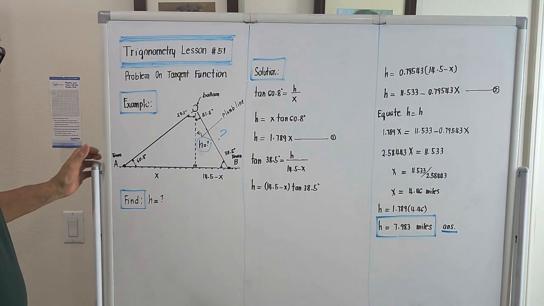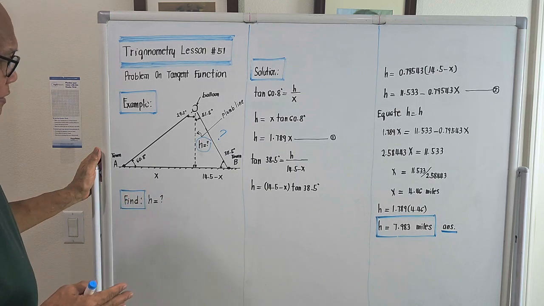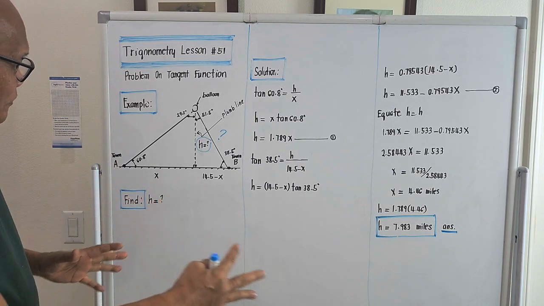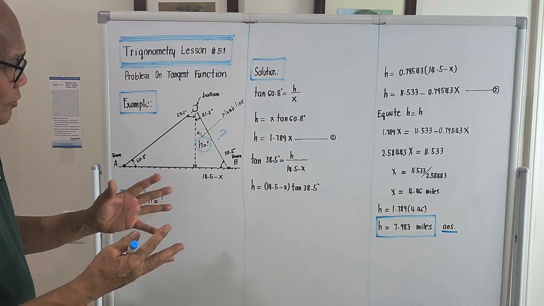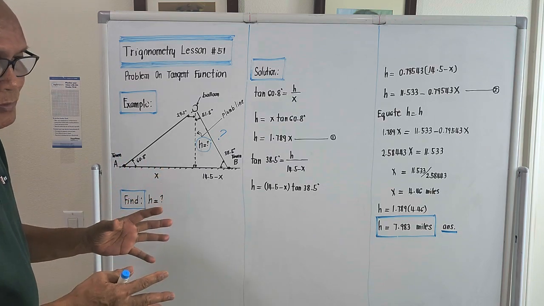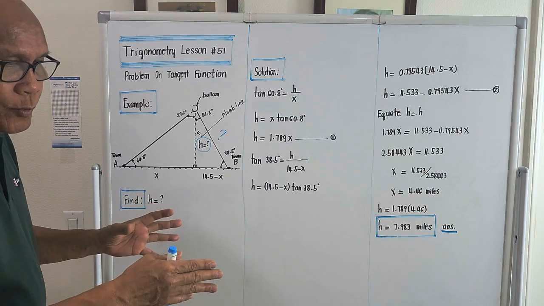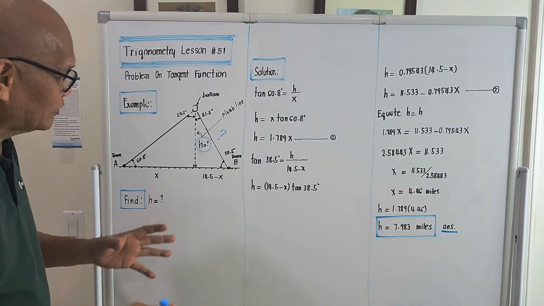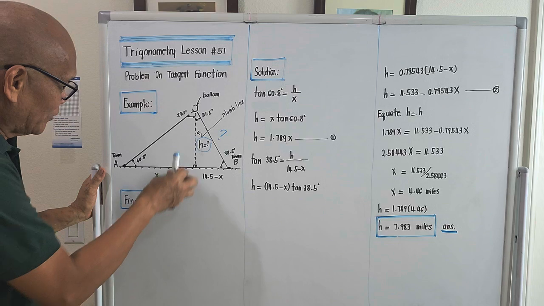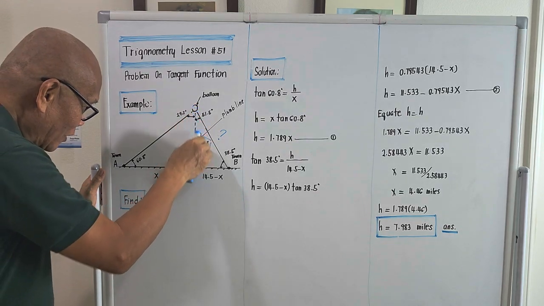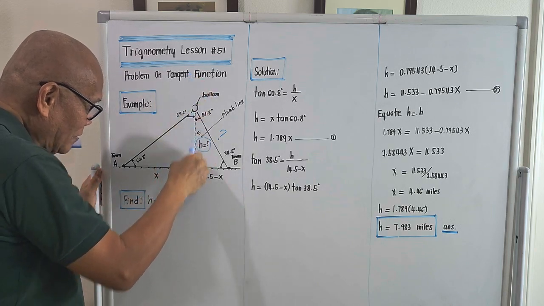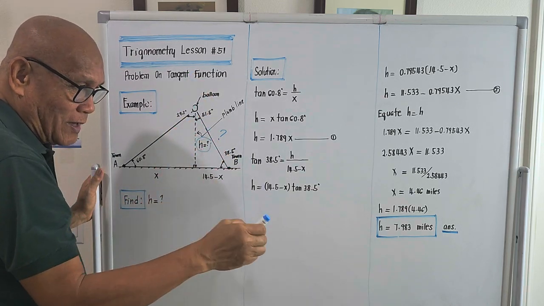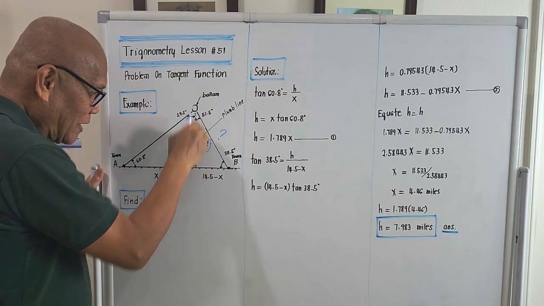As you can see, the resulting triangle is an oblique triangle, but we could subdivide it into two right triangles. If we drop the plumb line, this is the horizontal ground and this is the plumb line, which is a vertical line.